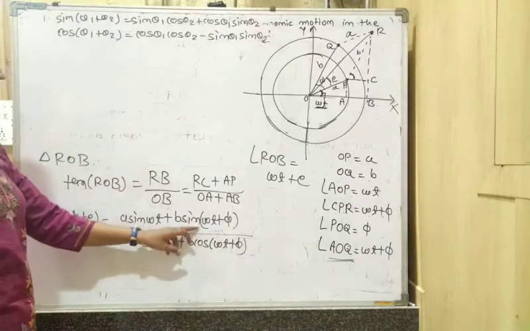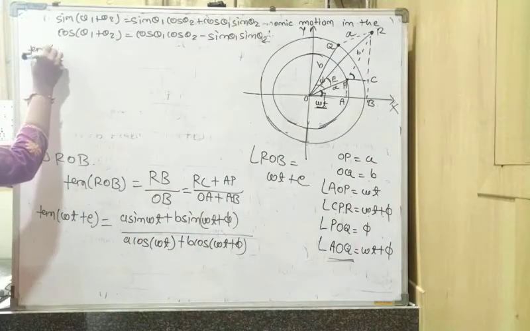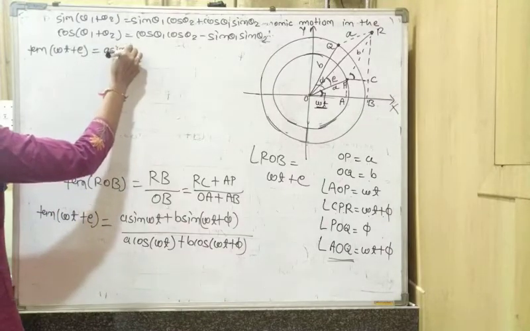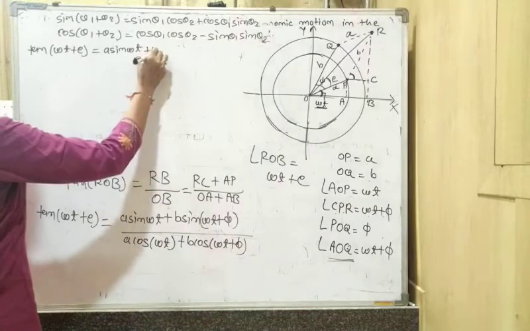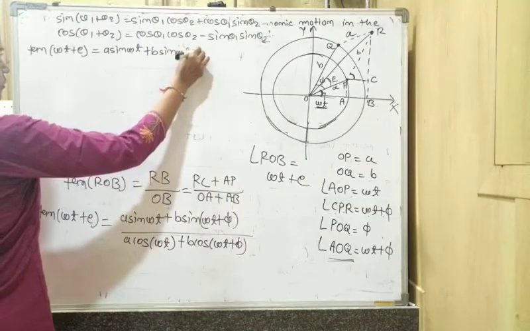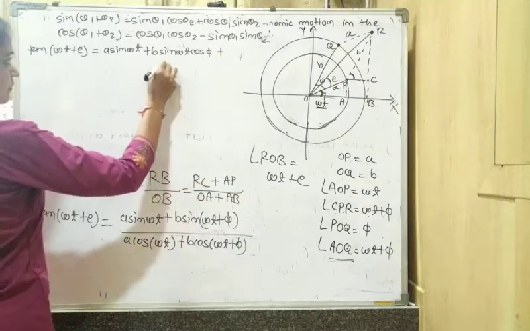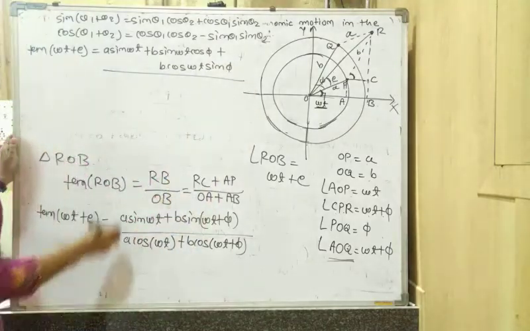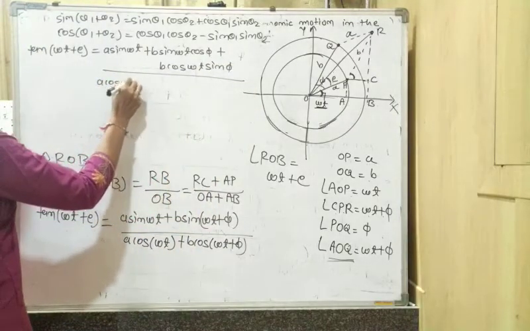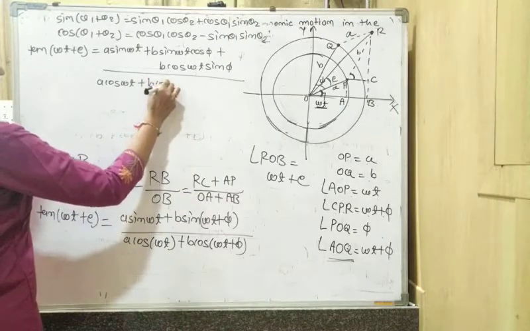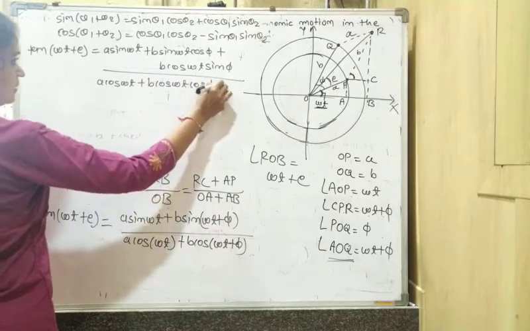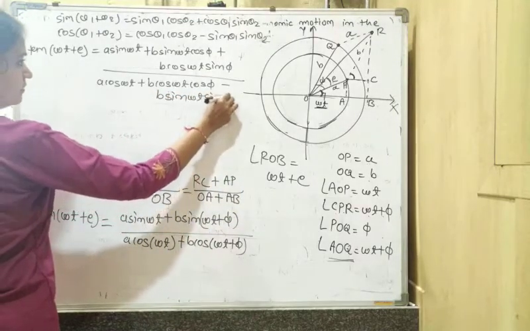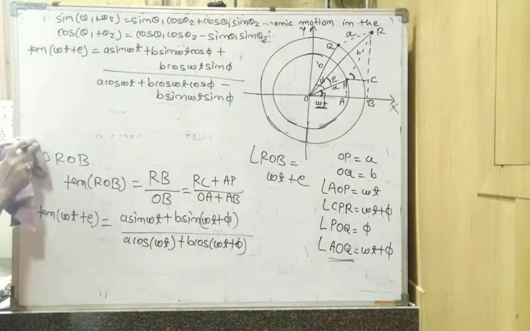So apply these equations here. tan omega t plus E is equal to A sin omega t plus B sin omega t cos phi plus B cos omega t sin phi, upon A cos omega t plus B cos omega t cos phi minus B sin omega t sin phi. So this is the simplification of the equation.